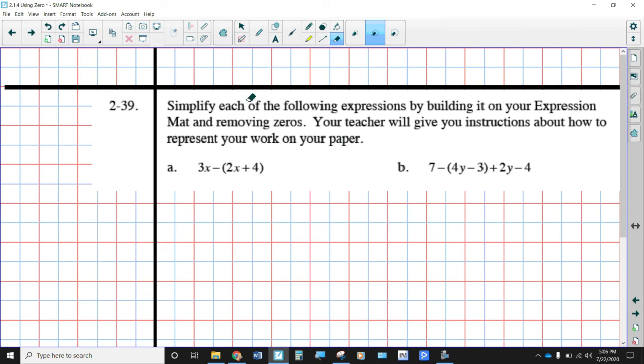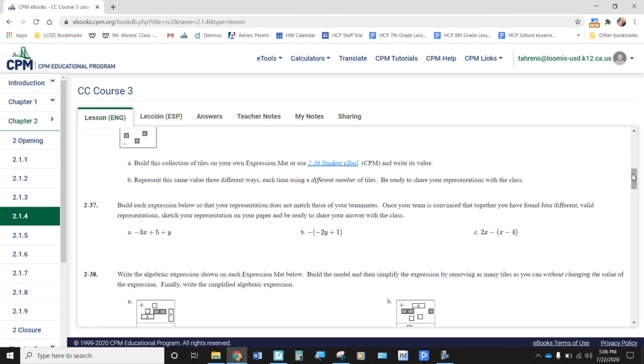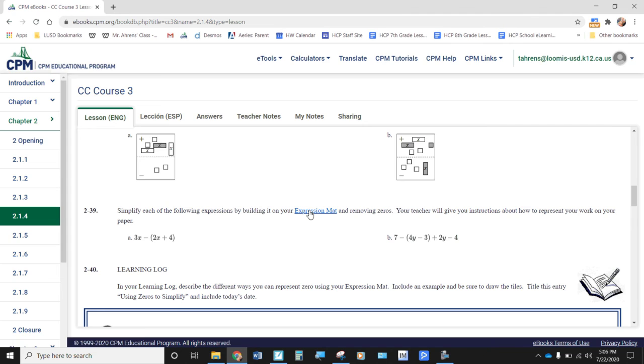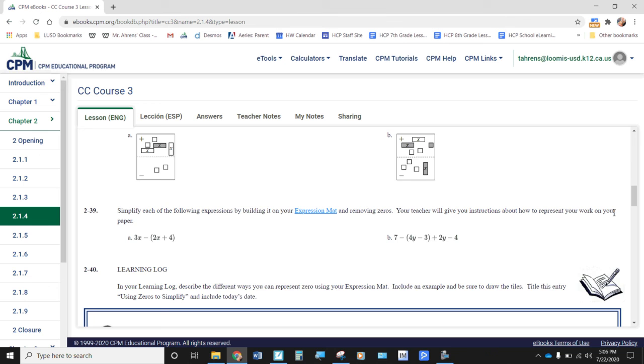All right, so simplify each of the following expressions, and then we will be done by building it on your expression mat and removing the zeros. Okay, so go ahead and you can use the tool. Let's see if they've got one for this problem. Is this number 39? Yes, they've got an expression mat there for you. Oh, no, you probably want to use the E tool again.